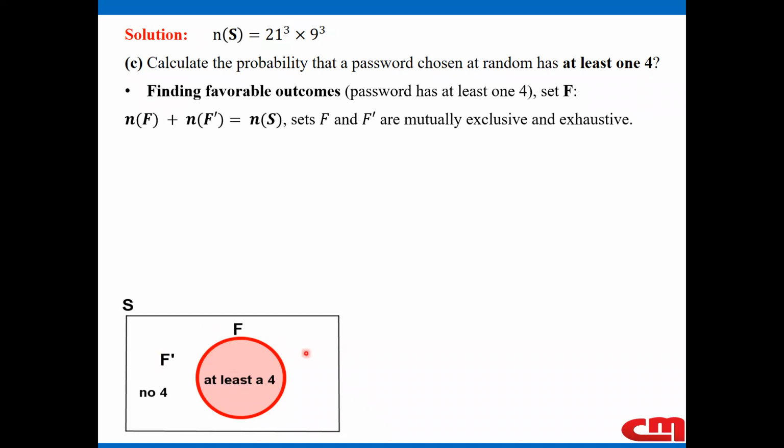Then outside, we are having those passwords without a 4. So if we add those passwords with no 4 plus passwords with a 4, we get the sample space, which is this one, right?